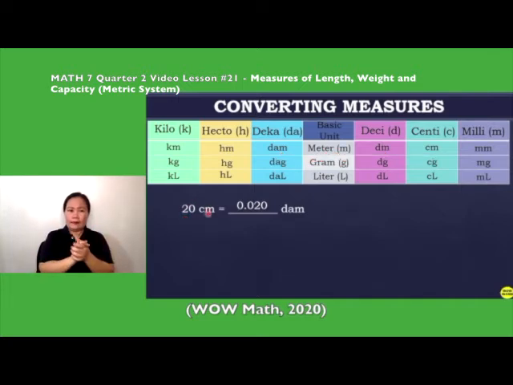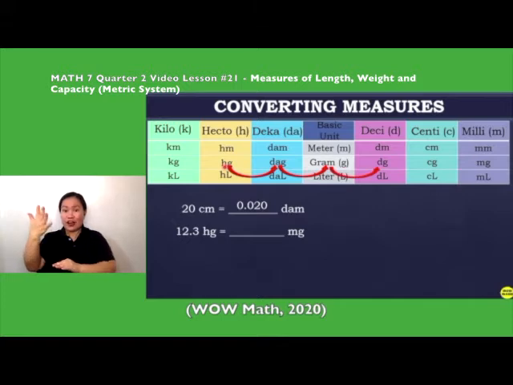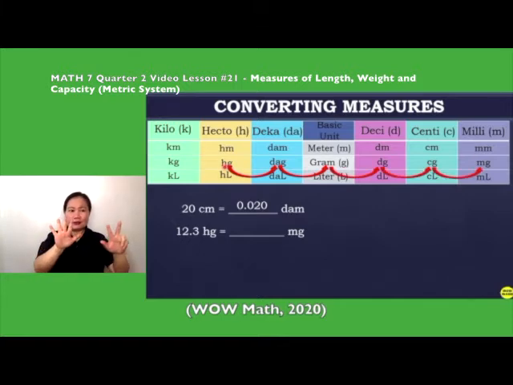Okay? Next. So, I have 12.3 hectograms. How many milligrams? Okay. So, ito si hectograms. Bilang tayo papunta sa milligrams. Ang layo, 'di ba? So, from here, 1, 2, 3, 4, 5. So, we have 5. So, copy natin si 12.3 from the decimal point.